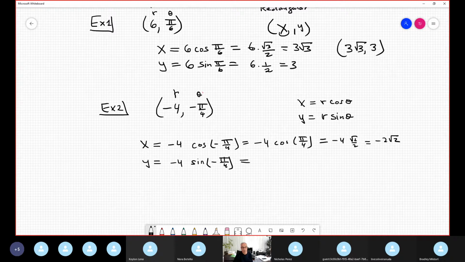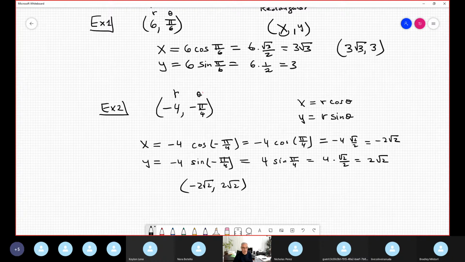This is different because sine is an odd function, so it's negative outside and negative together is positive sine pi over 4. So 4 times radical 2 over 2 is 2 radical 2. And the point is negative 2 radical 2, comma, 2 radical 2.